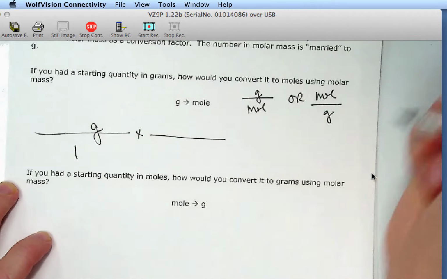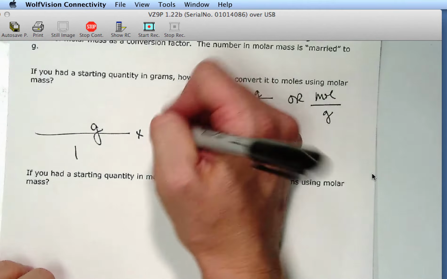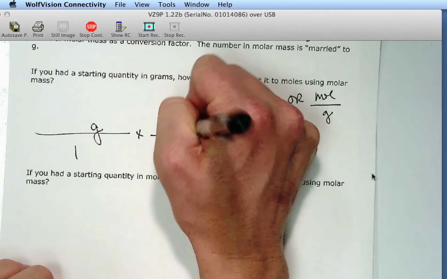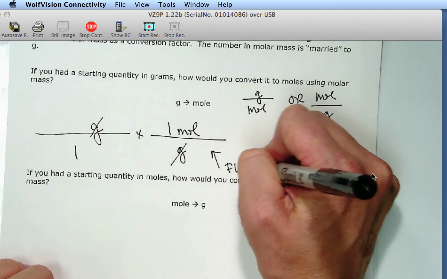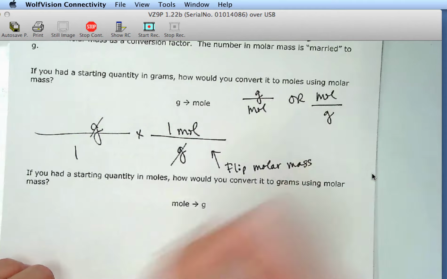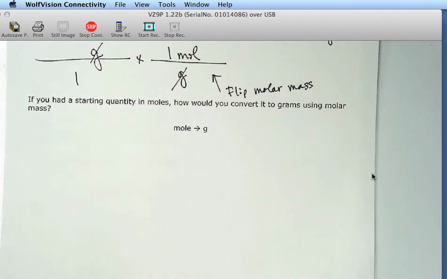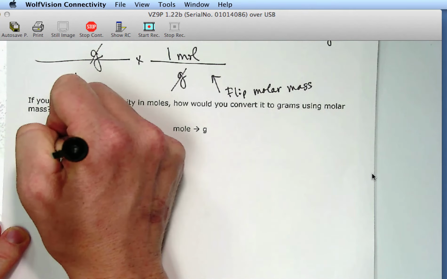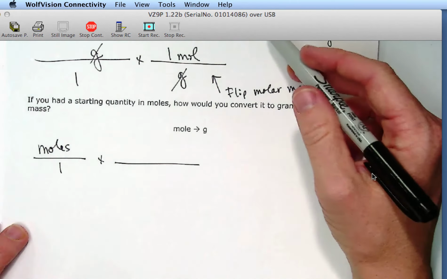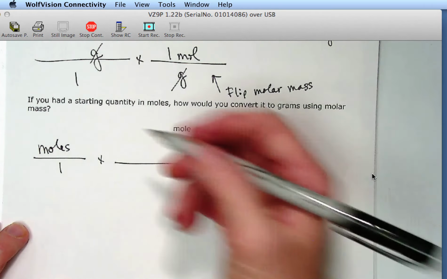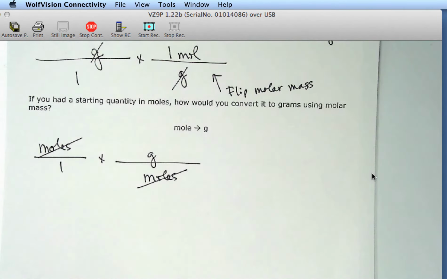I would need to flip my molar mass in order to get the grams to cancel out. Now if I had a starting quantity in moles over 1, I don't need to flip the molar mass. Just get it to cancel out that way.